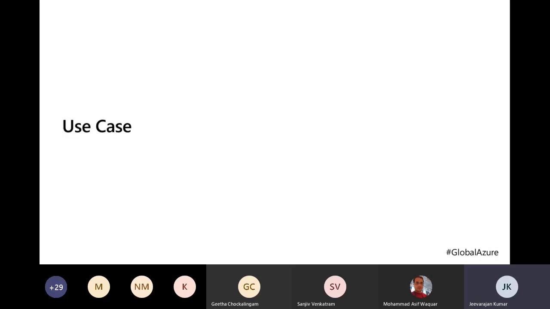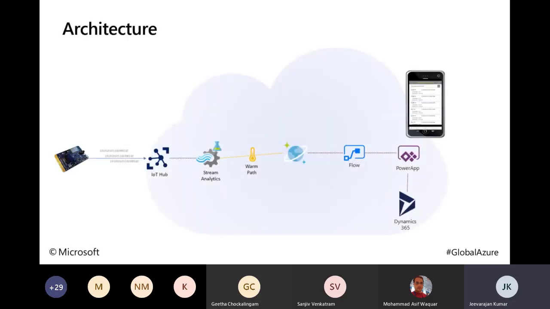So let's quickly jump into the use case, and we'll see that now I have a simple architecture diagram of what exactly we are going to see. It's quite straightforward. So we have an IoT device right here. That is the MX chip, the same chip I have with me. And we have the device data, the telemetry, which is captured and registered in the IoT Hub. And the data is taken as input in the Stream Analytics.